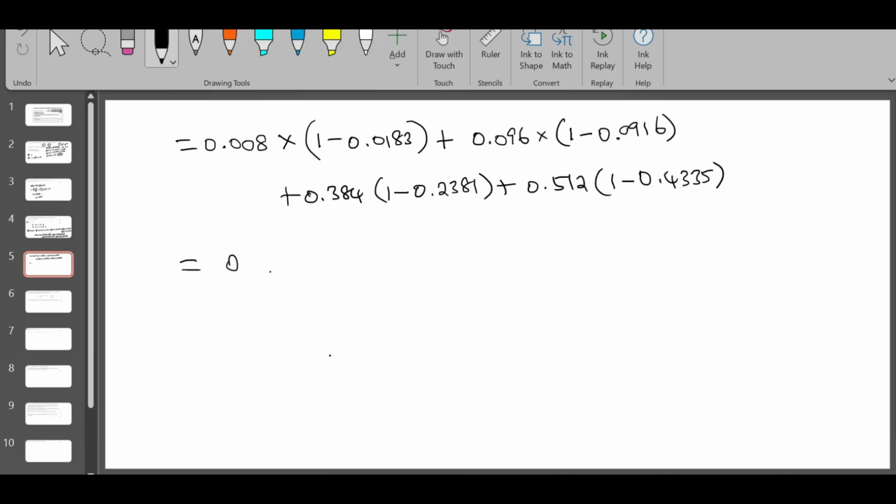That gives 0.6776. Round it to 3 significant figures: 0.678.